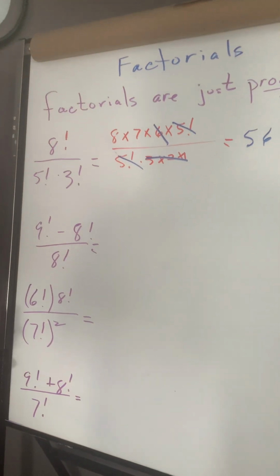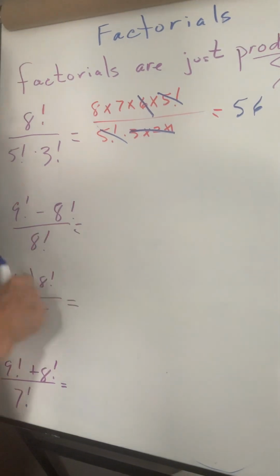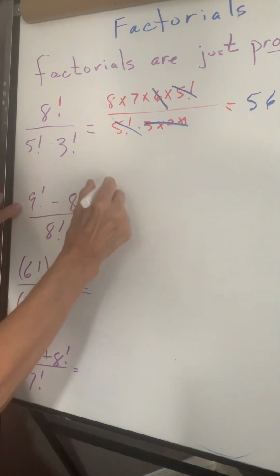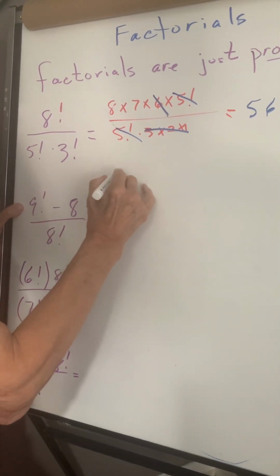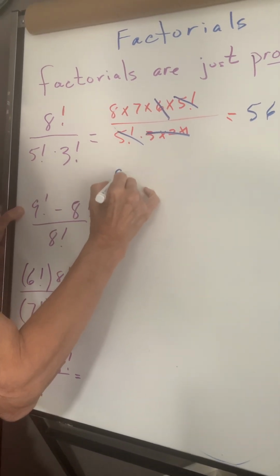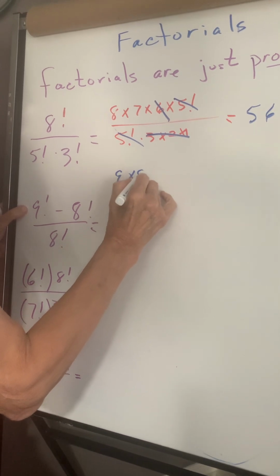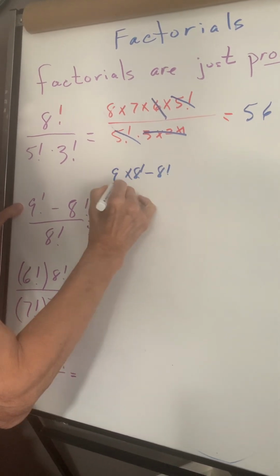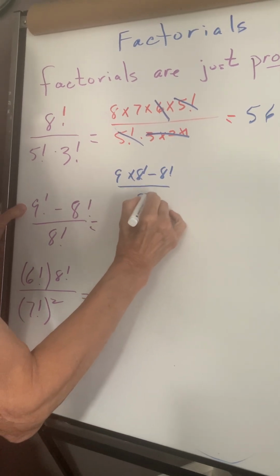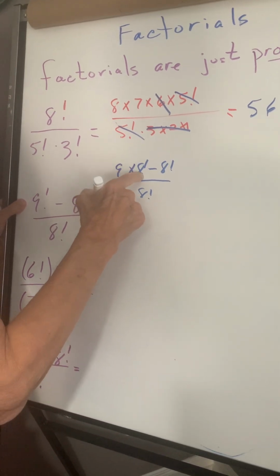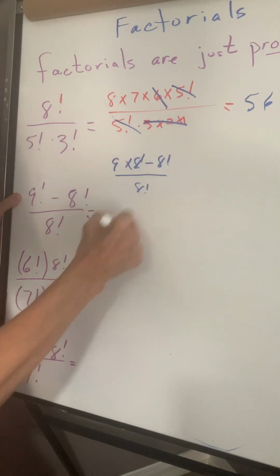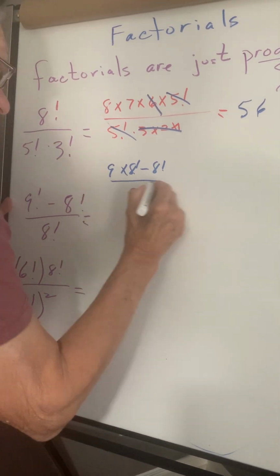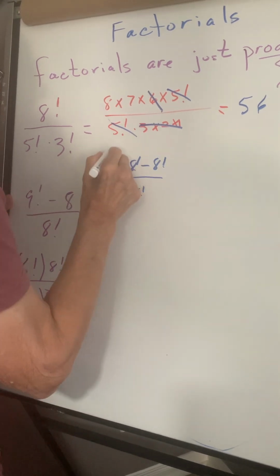Next problem. All of these are 8 factorial, so I'm going to take the 9 and move it up: 9 times 8 factorial minus 8 factorial over 8 factorial. Now I have 3 of them here and I can't cancel because of the order of operation. This line means that it's all together.